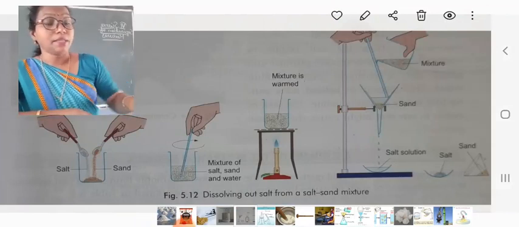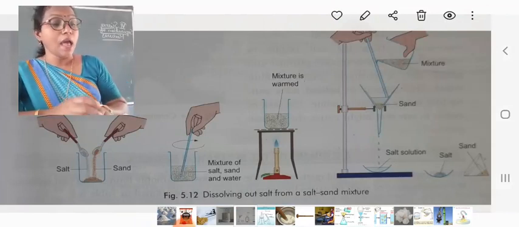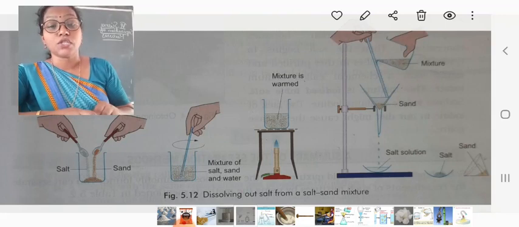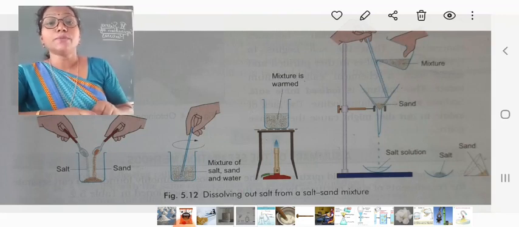Now, this is the method of dissolution and evaporation. Children, two types of impurities are there in the liquid.